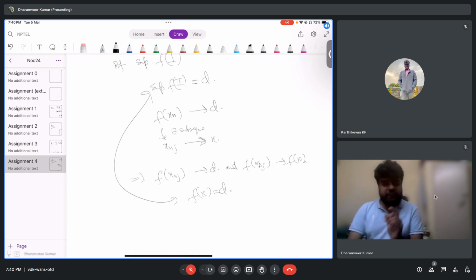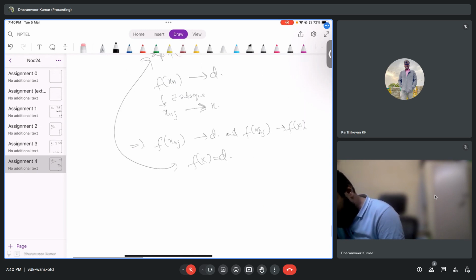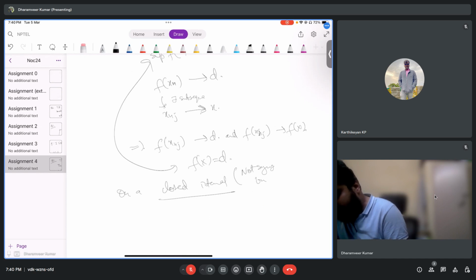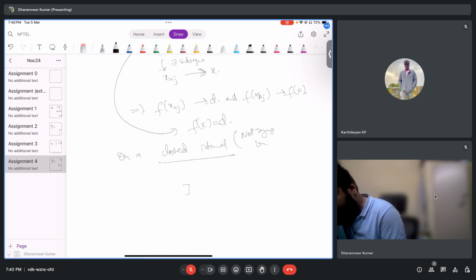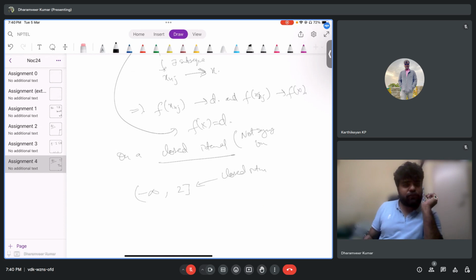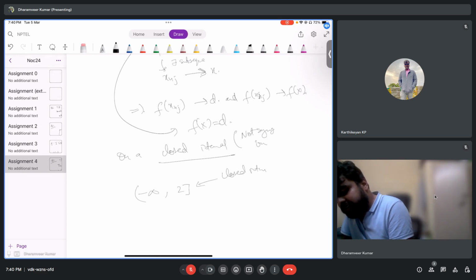So basically what we are saying is, on a closed interval, not saying bounded. For instance, this is also a closed interval. It is closed, not saying bounded. This also has a maxima and a minima.